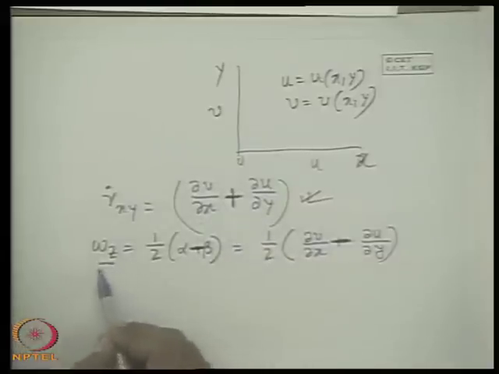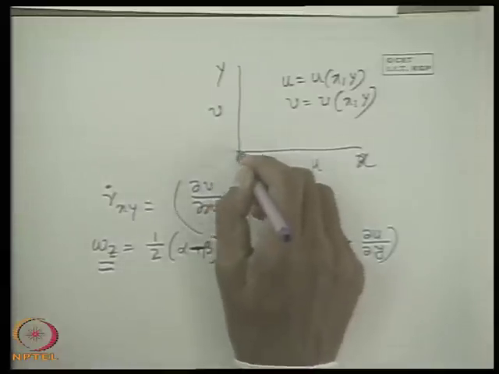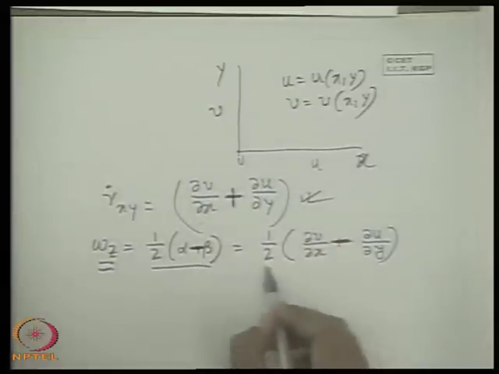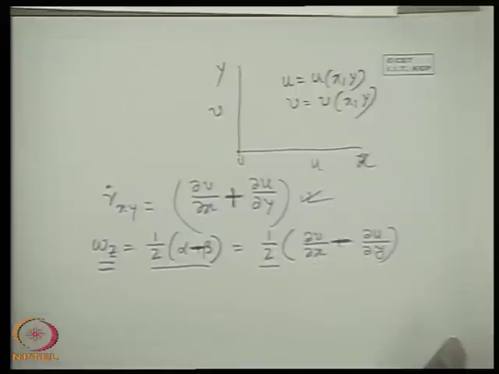And the fluid body has a rotation about the z axis at any point, which is given by half of del v del x minus del u del y. All right, so this is the concept.